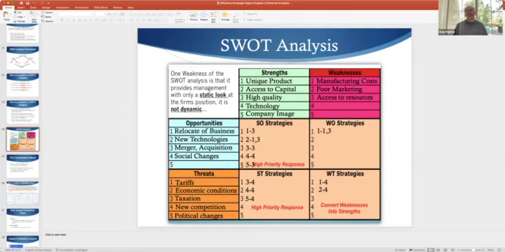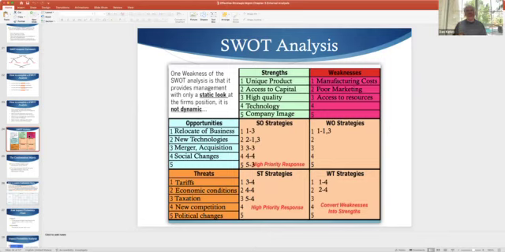So you can see under strengths, we have unique product, access to capital, high quality, technology, and it's got a good company image. So let's go to the strengths, opportunities, strategies. So in the TAN section here, you have areas of 5 listings. And again, if you can't match it, you can't match it. Only match what you're able to match.